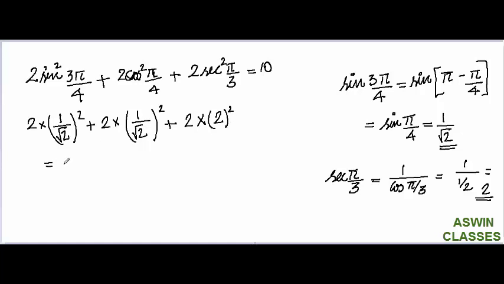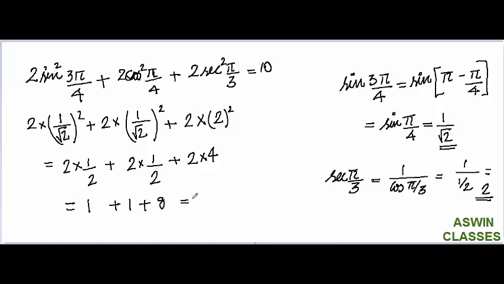This is equal to 2 into 1 by 2 plus 2 into 1 by 2 plus 2 into 2 square, which is 4. This is 1 plus 1 plus 8. Actually the value is 10 again, which is our RHS. So this proof is also done.